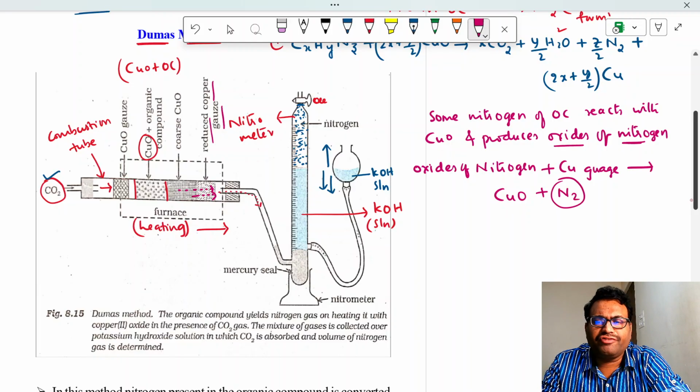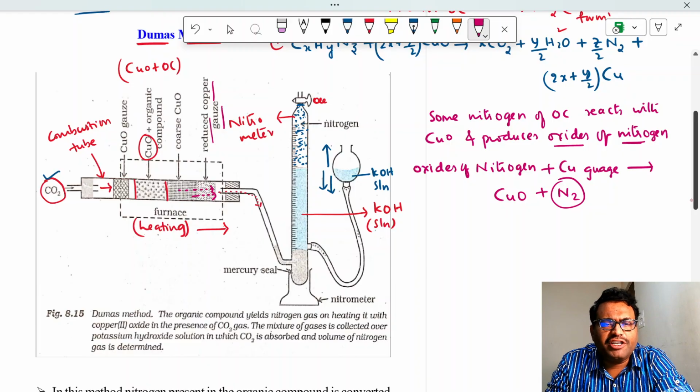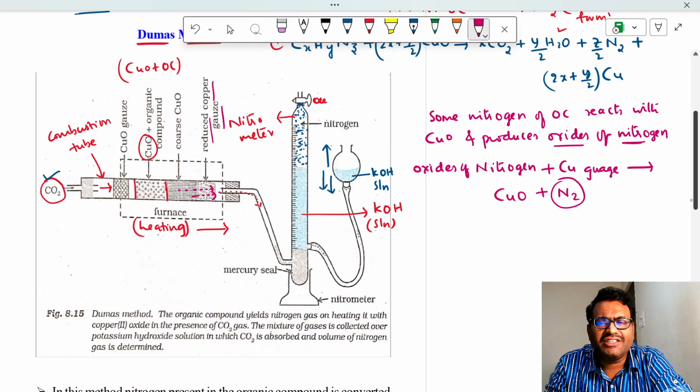So if some nitrogen present in the organic compound is converted into oxides of nitrogen, when it passes through this reduced copper gauze, it is again converted into nitrogen. So overall, finally, what is coming through this combustion tube?